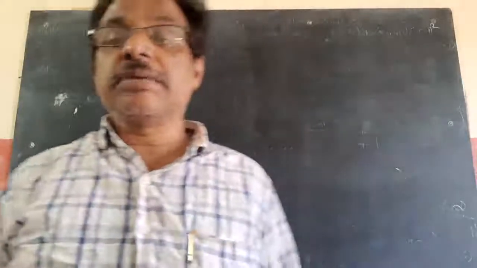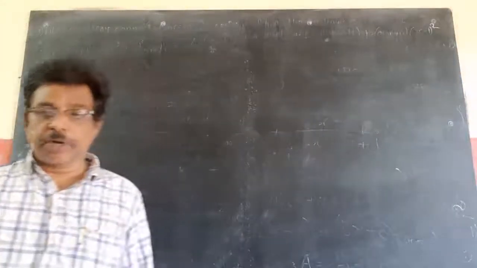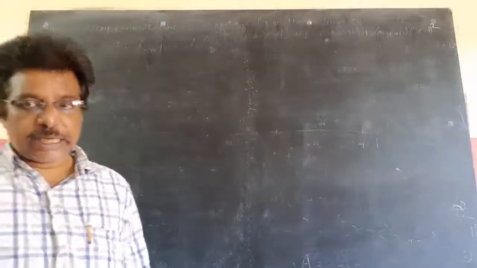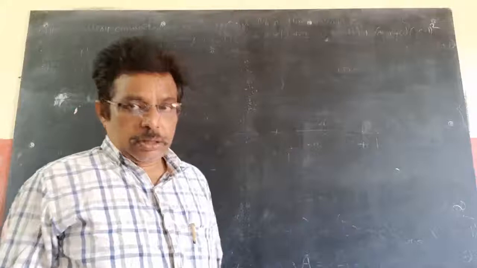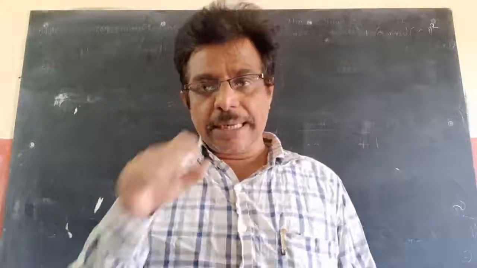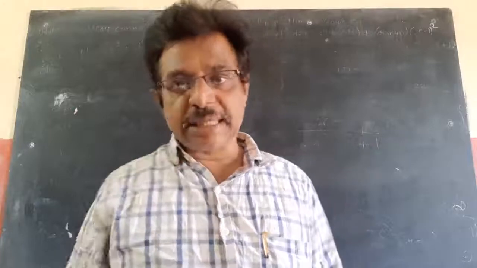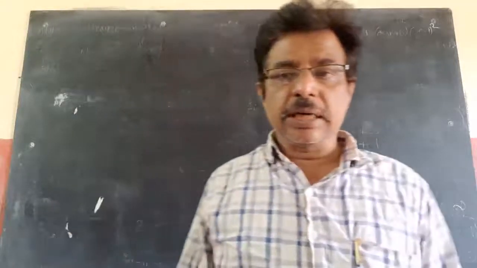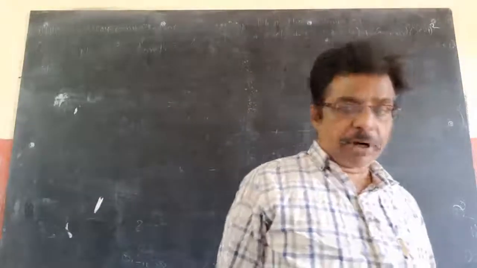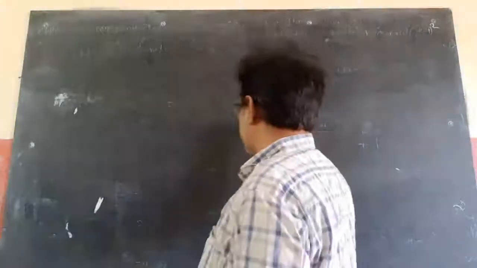Next, coming to the last method, improper fraction. Improper means the degree of the numerator is more than or equal to the degree of the denominator. We'll take one example of how to solve an improper fraction.